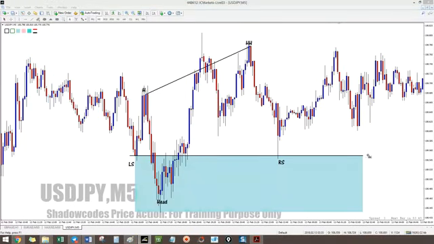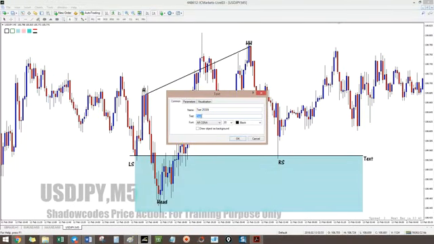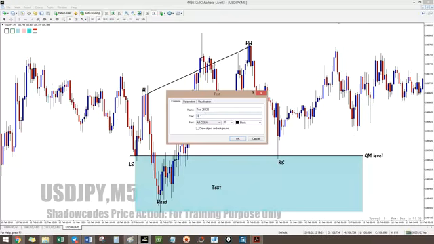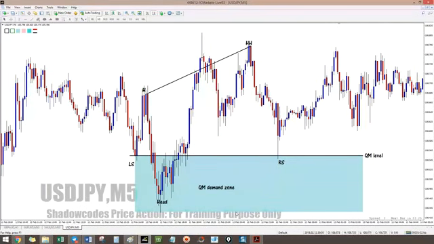And this is your QM level, and this will be your QM zone, QM demand zone. So you just screenshot this and send it.